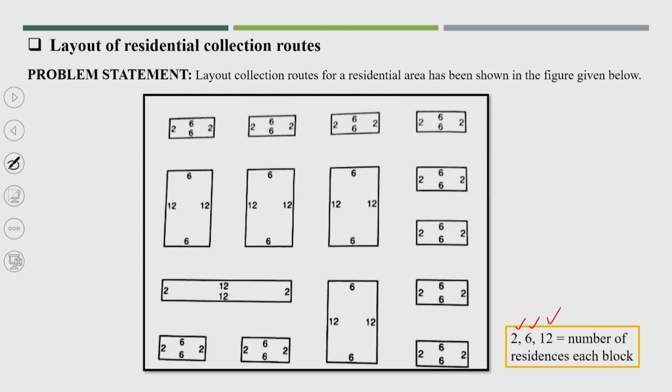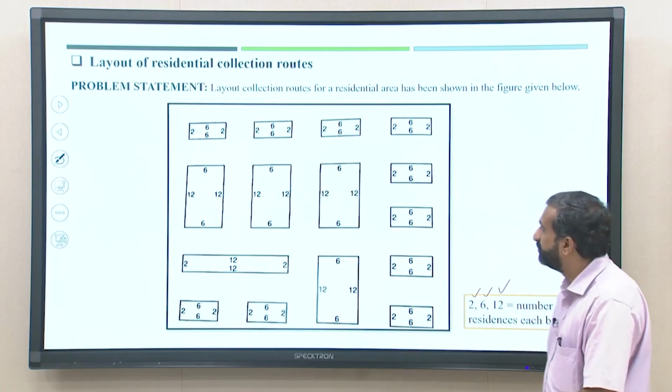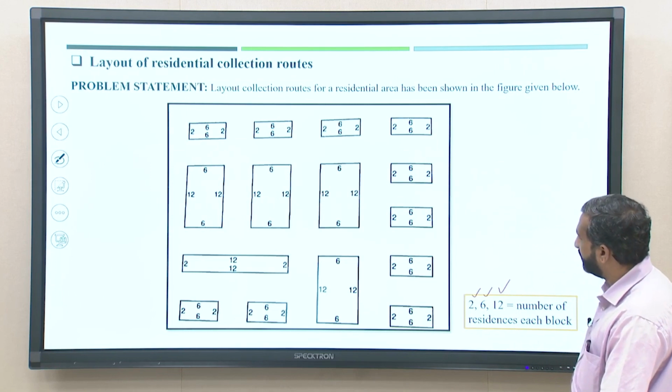So, there are different blocks, and different numbers of residences are given in each block, somewhere 2, somewhere 6, somewhere 12. We have to plan the collection route for this residential area.